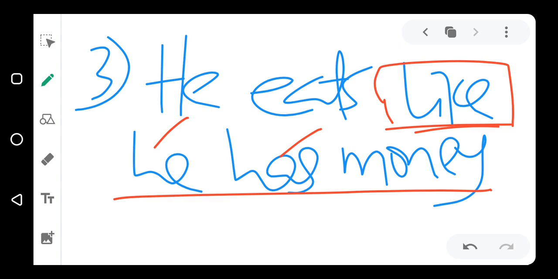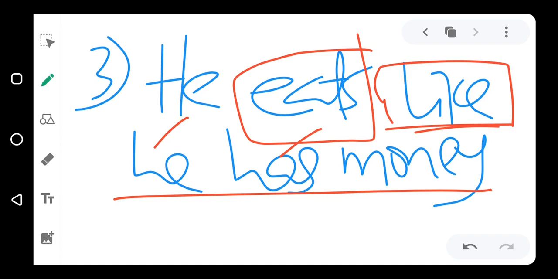Now for us to confirm that it is an adverb of manner, we come to the verb and we ask the question how.